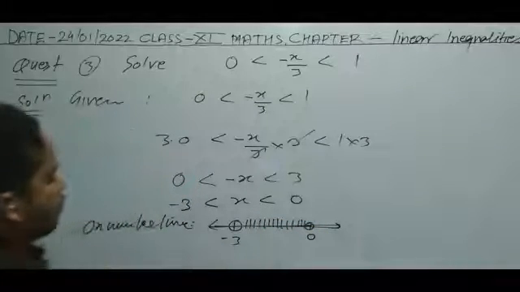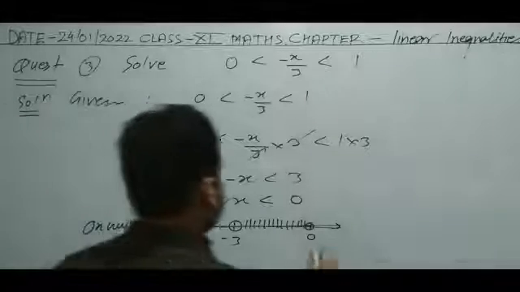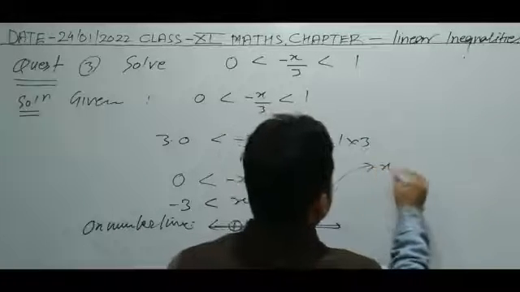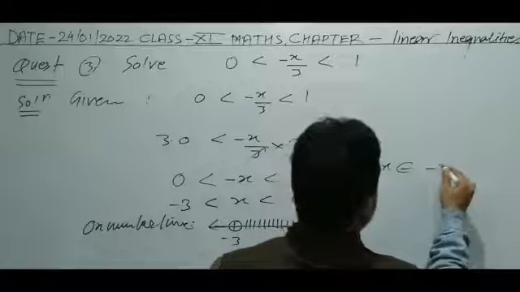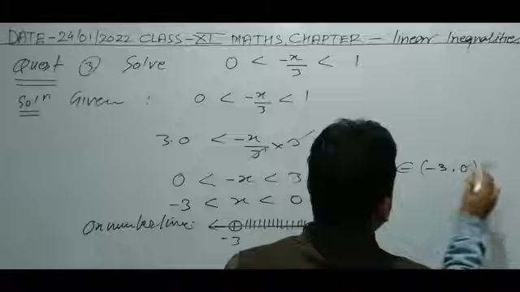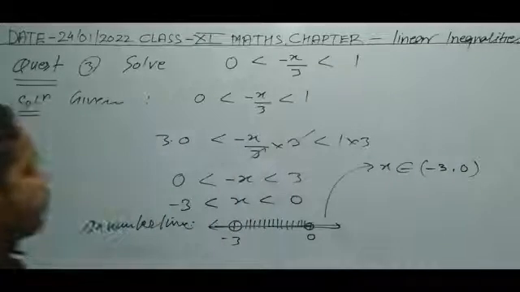This is the result. And we can write this, x belongs to minus 3 to 0 in open intervals. Now this is the answer.